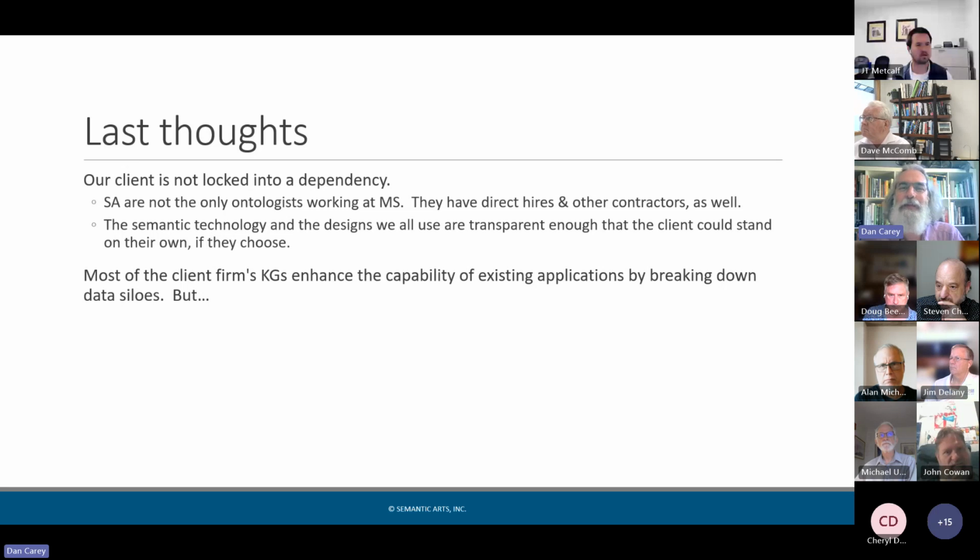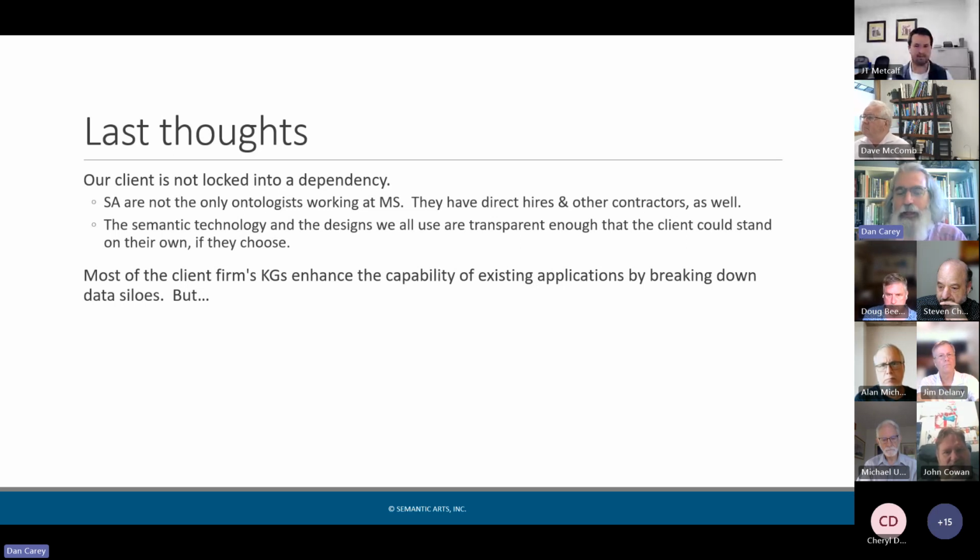Coming in and saying, we're gonna replace you, we're gonna take your job, is not the way to encourage cooperation. So we're breaking down data silos and making the different applications' data more valuable by allowing it to work with data from other applications. So it enhances the value of these existing applications.